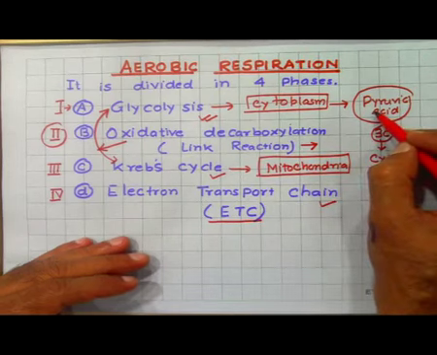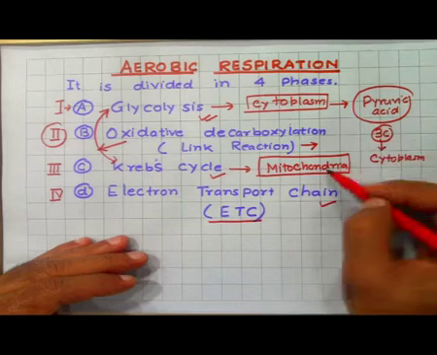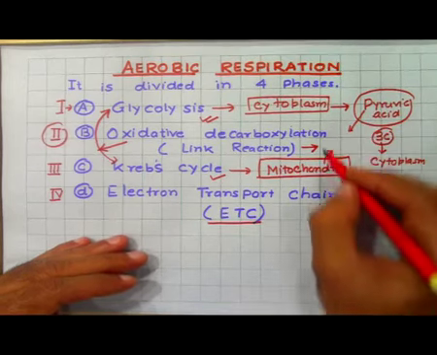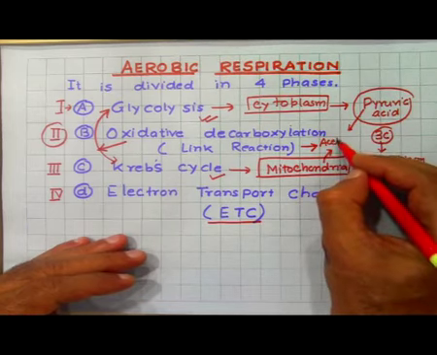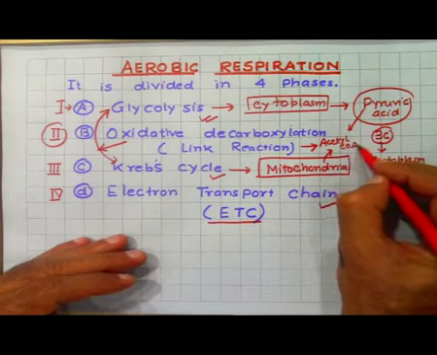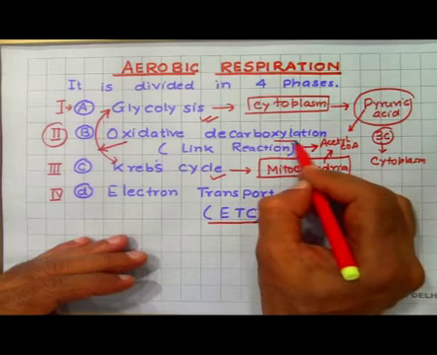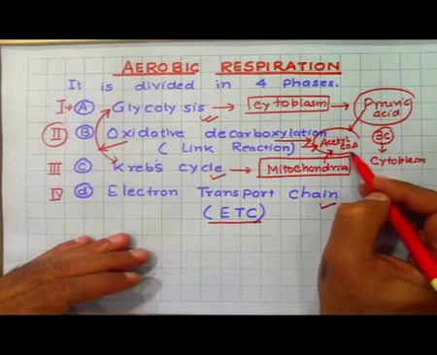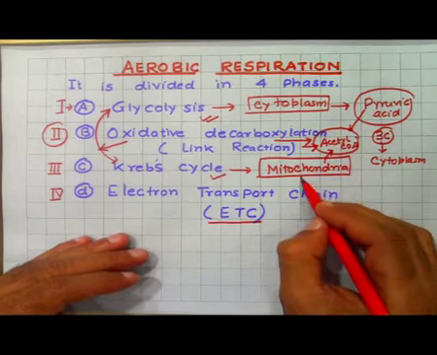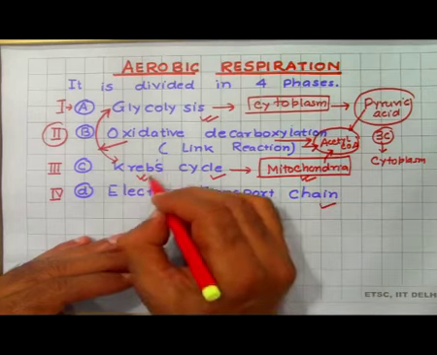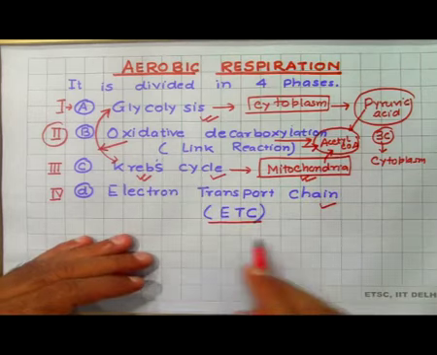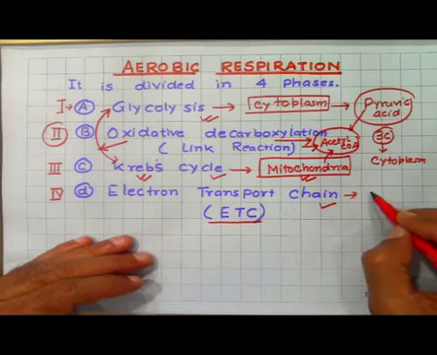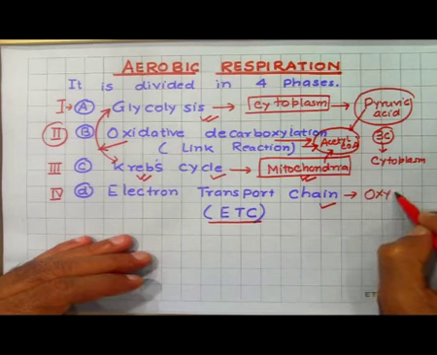Before pyruvic acid enters the mitochondria, a 2 carbon compound is formed, called acetyl coenzyme, which is the product of the link reaction. This acetyl coenzyme moves from the cytoplasm to the mitochondria where the Krebs cycle takes place and ATP is released, and the electron transport chain also takes place in mitochondria in the oxysome.